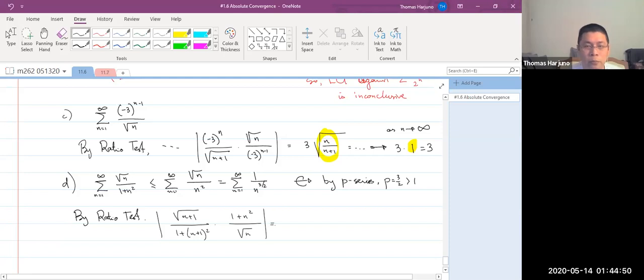I will get 1 plus n squared over n squared plus 2n plus 2, I believe, and then square root of n plus 1 over n.